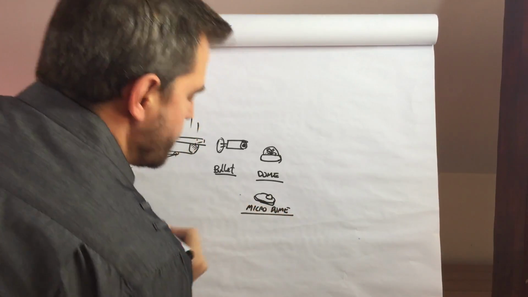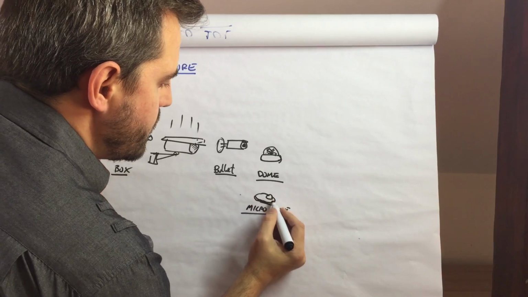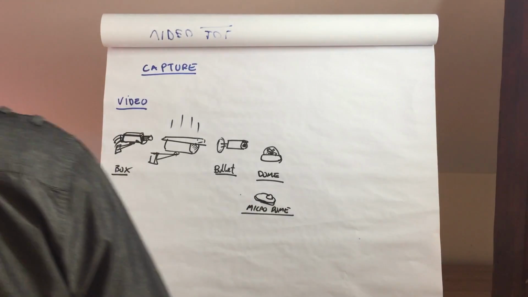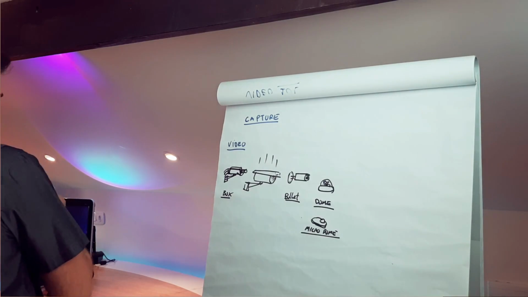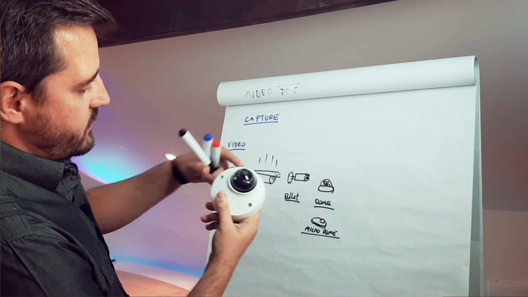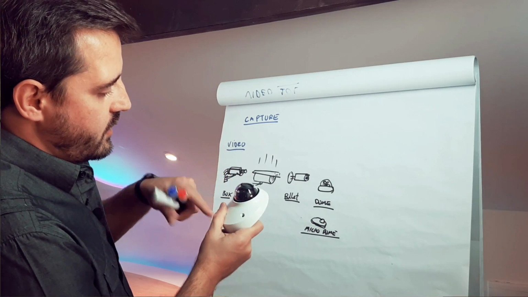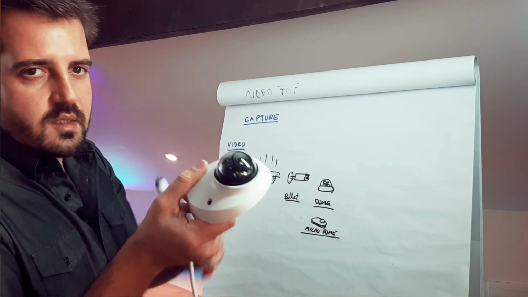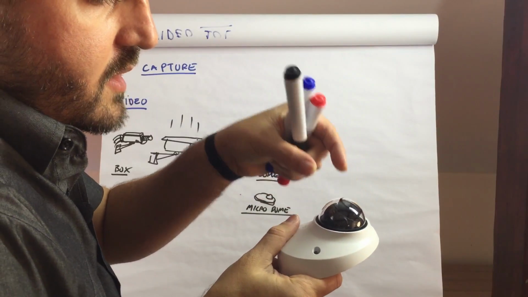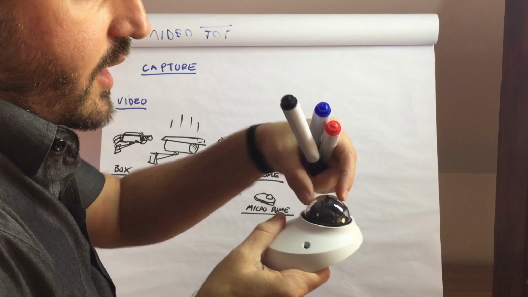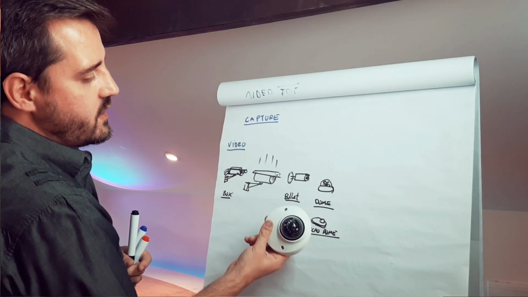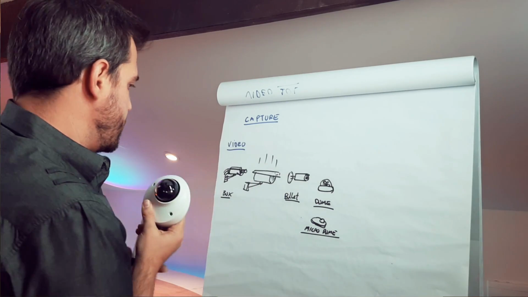So it's a round structure, a round base, and a small bubble on one of the sides, and it looks like this. You have this structure protected, and just this tiny part has the dome and the lens that you can adjust the angle of, depending on if you're installing in the ceiling, in the wall, etc.